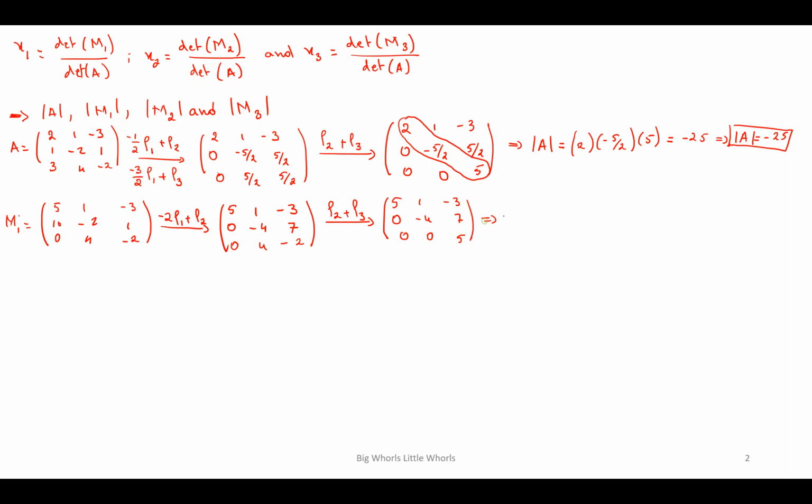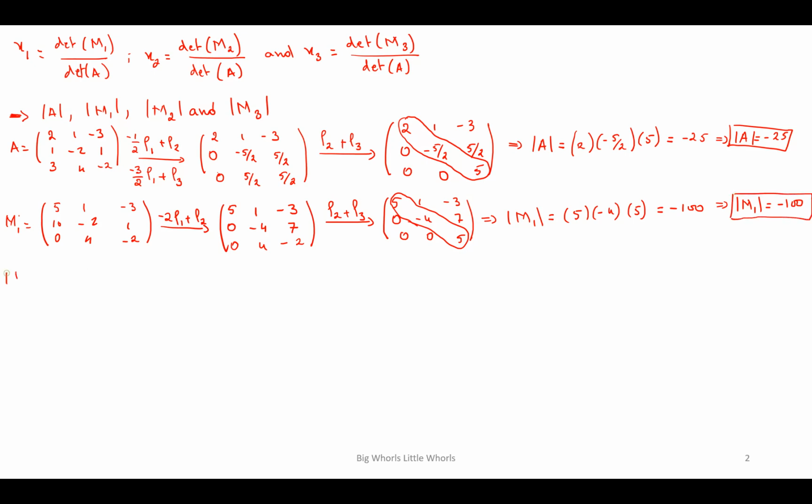So the determinant of M1 is going to be equal to, we are going to multiply down the diagonal, 5 multiplied by minus 4 multiplied by 5, which is equal to minus 100. So the determinant of M1 is equal to minus 100.